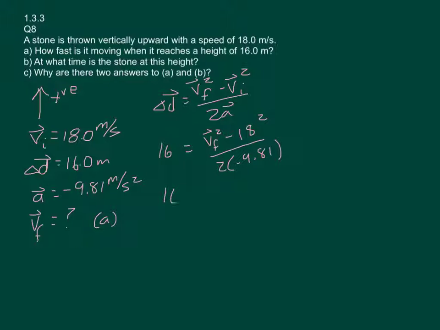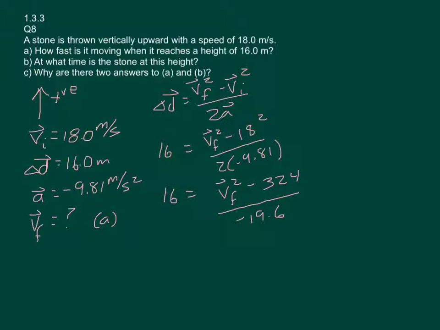Clean up some of the math. 16 equals VF squared minus, now let's do 18 squared here. Give me a second. 18 squared, 324. And that's all over a negative 19.6.